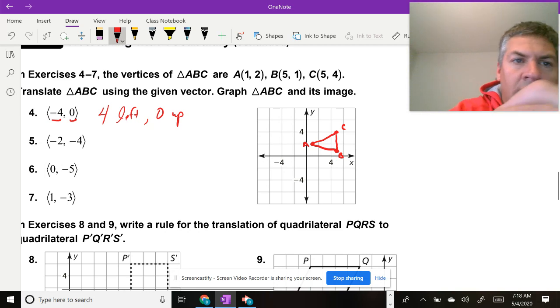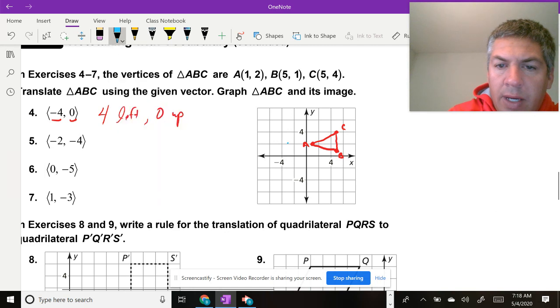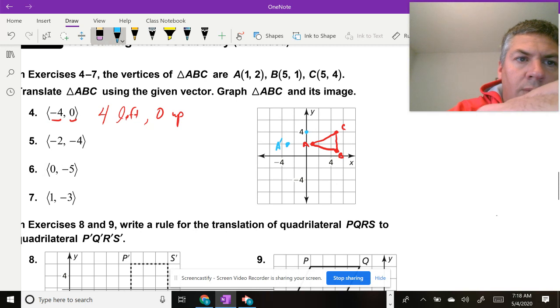Let's use a different color here so we can see this a little bit better. So we're going to move that point to right here. That's going to be A prime. This movement is going to be to right there. Nope, I went one too far over.